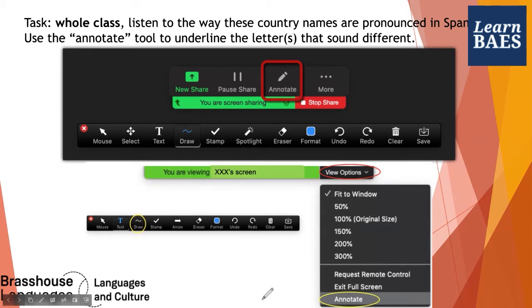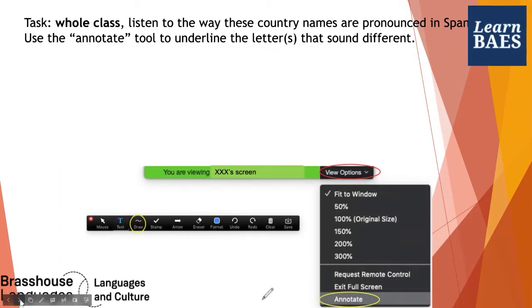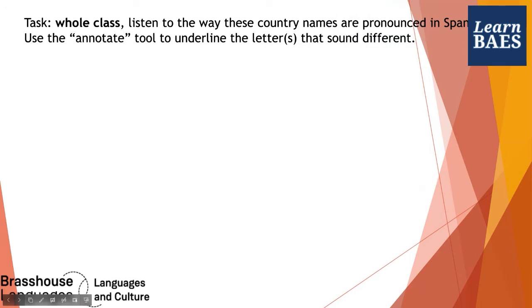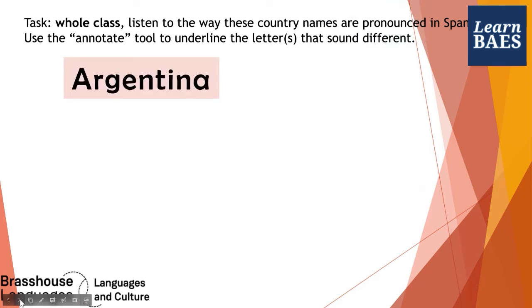In other words, what letter sounds different? Let's do the first one together. If you click a couple of times on the screen, we'll remove these and we'll have the first item. I'm going to read it out, and you tell me what letter you think will sound different. ¿Vale? Okay, let's go then.